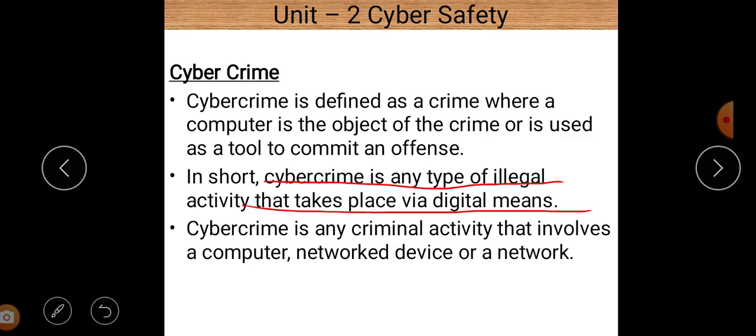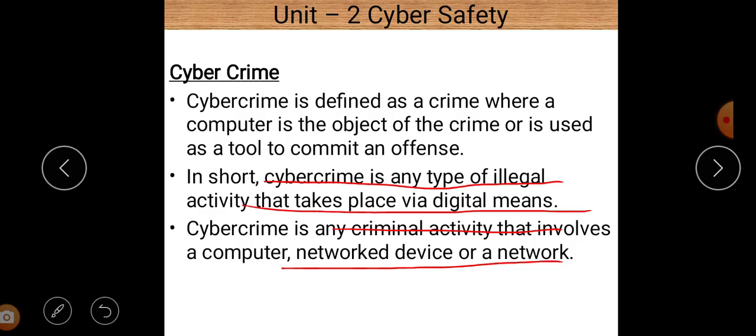Cybercrime is any type of illegal activity that takes place via digital means, and then cybercrime is a criminal activity that involves a computer, network device, or a network. That is the third important point regarding cybercrime. So first of all, any criminal activity, and this involves a computer, a network device, or a network.